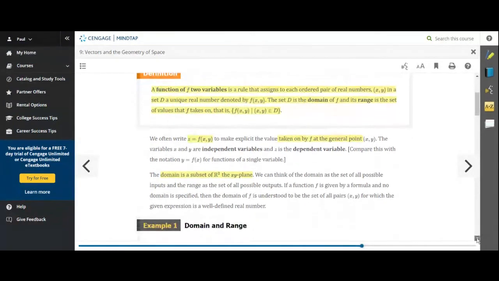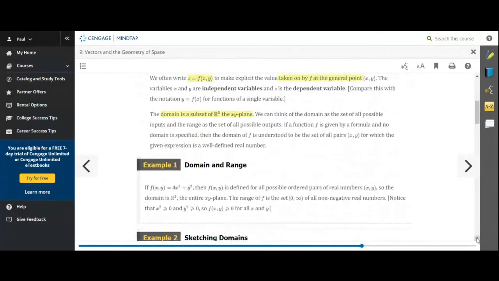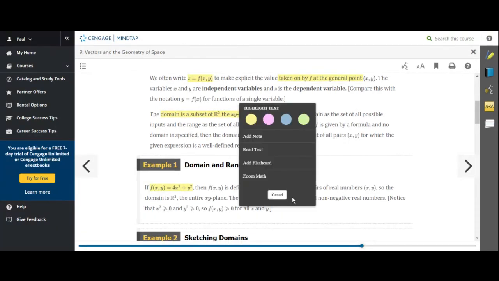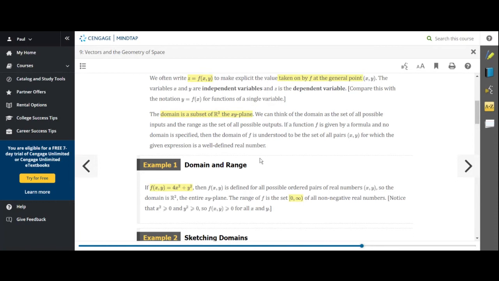Anytime you learn about functions, you think about domains and ranges. For instance, if you have a function that equals 4x squared plus y squared, the range of that function is going to be from 0 to infinity, because 4x squared plus y squared is always positive for any xy values.